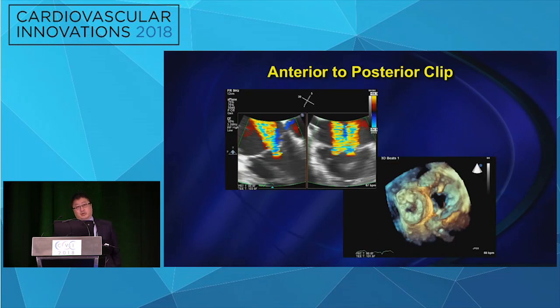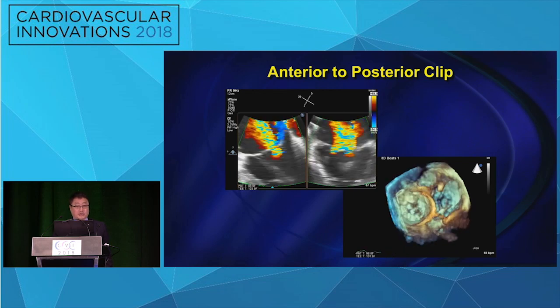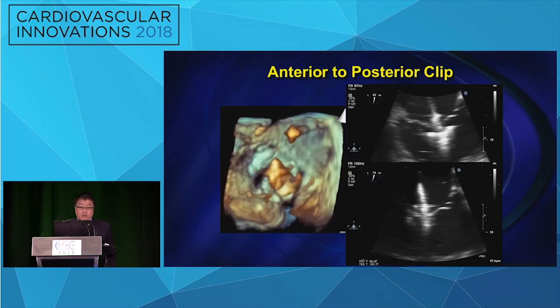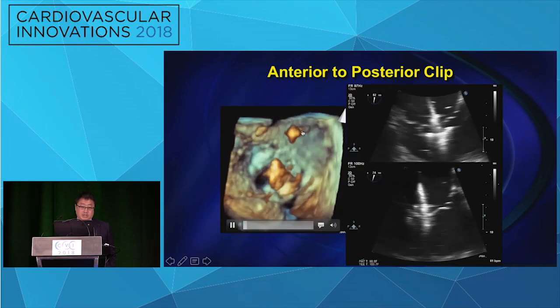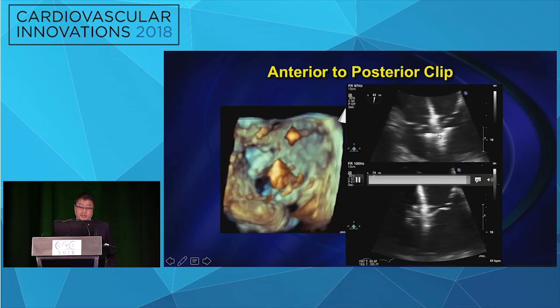So typically we'll go septal anterior, septal posterior with our grasp, but you can do an anterior posterior grasp. That's a little more difficult for imaging. So with this patient, we put one clip septal anterior to begin with, and now we're grasping anterior to posterior.